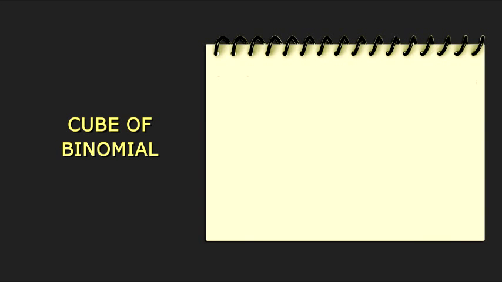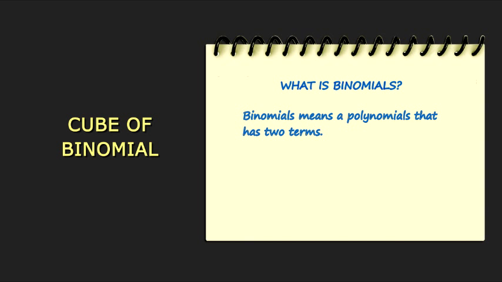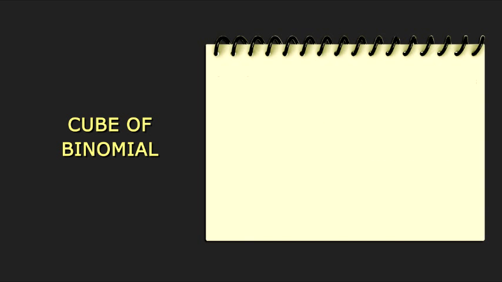Cube of binomials. The first thing we need to do is to know what is binomials. Binomials means a polynomial that has two terms, while cubing means taking something to the third power. Here's the example of cube of binomials. X minus 4 cubed. X minus 4 cubed means x minus 4 times x minus 4 times x minus 4.